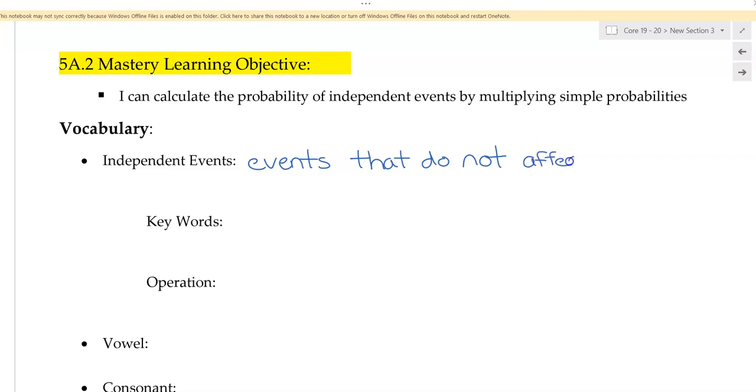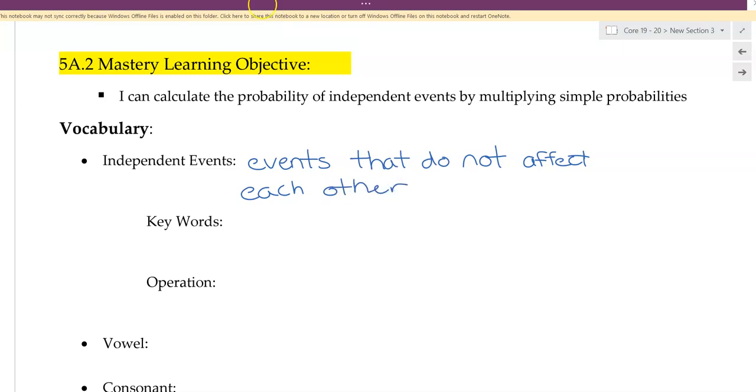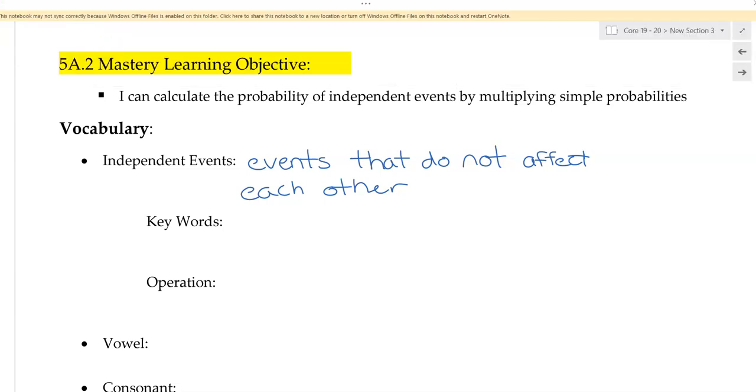Keywords, your biggest keyword will be "and." "And" tells us to multiply.